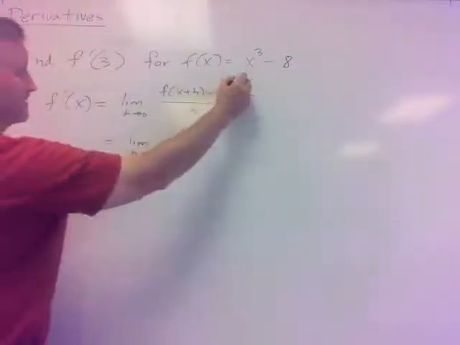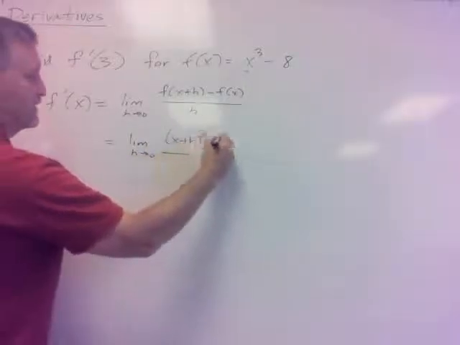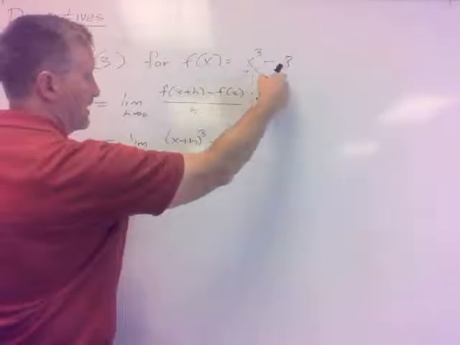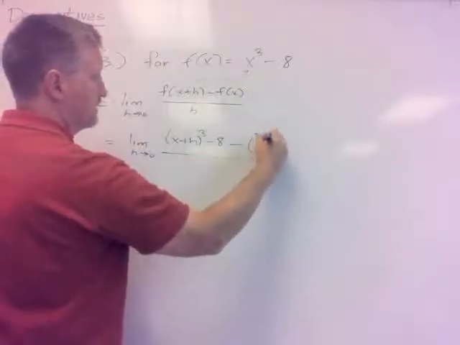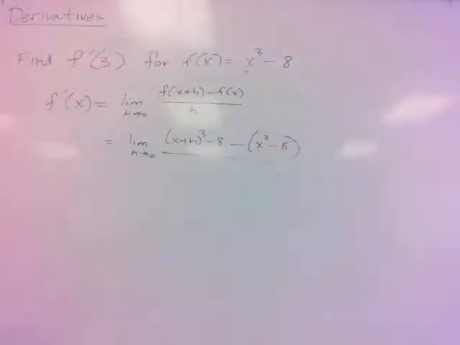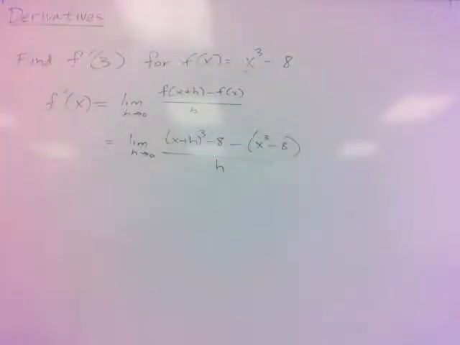We've got x plus h for x there, so it'll be x plus h cubed minus 8. Then we'll have minus f of x, so let's say minus parentheses x cubed minus 8, all over h. With me on that, using the definition of derivative?